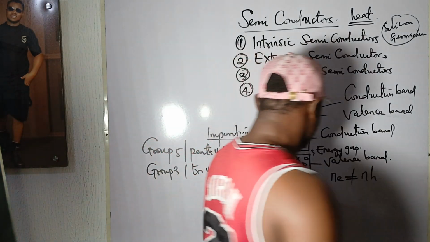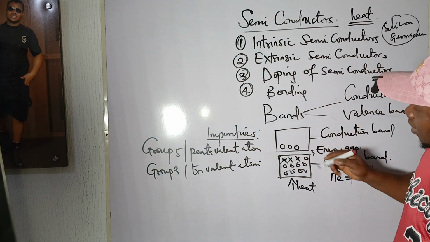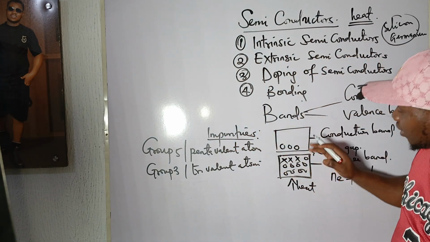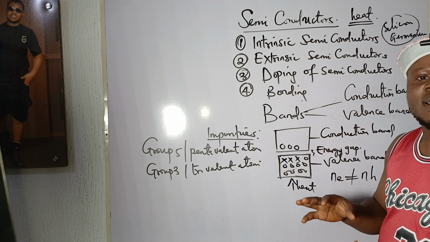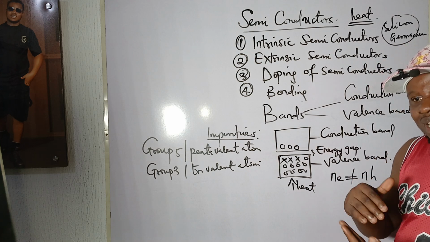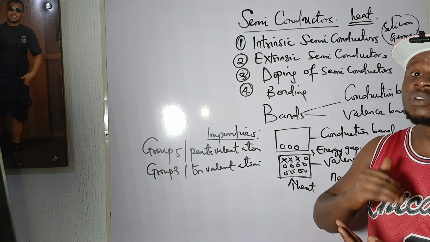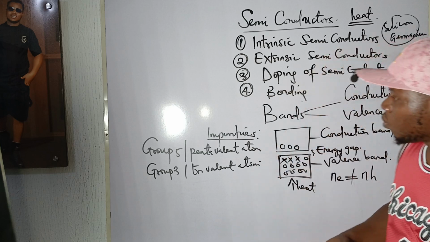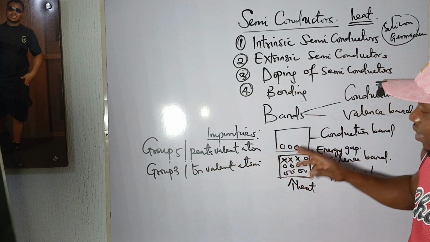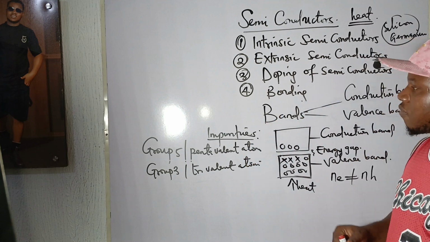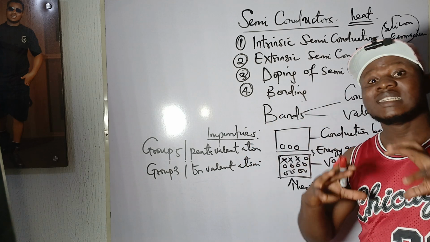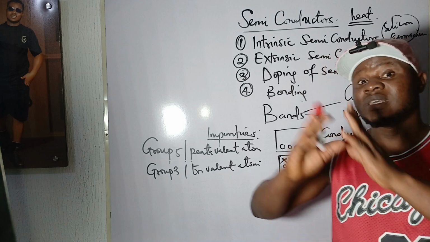Now, if a semiconductor is doped with pentavalent atoms, which are group 5 elements, something is going to happen. When we dope, either electrons are in excess or the holes are in excess. You can see either electrons are bigger than the holes, or holes are bigger than the electrons. But when we dope with group 5, electrons are going to be bigger than the holes. Therefore, we consider electrons as the majority carriers, the one bigger than the other.